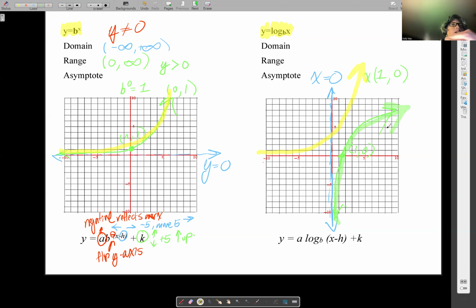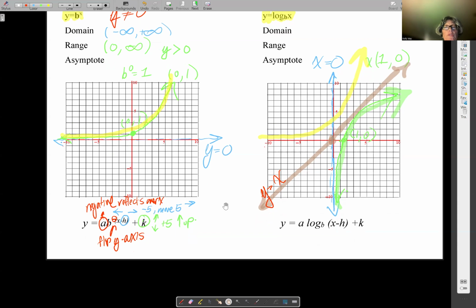And if you look really carefully, you will notice that they're essentially inverse operations of each other. Let me try to graph this accurately. That's not the most accurate thing in the world. But what that means is one is the inversion or the flip over the other, over the y equals x line.